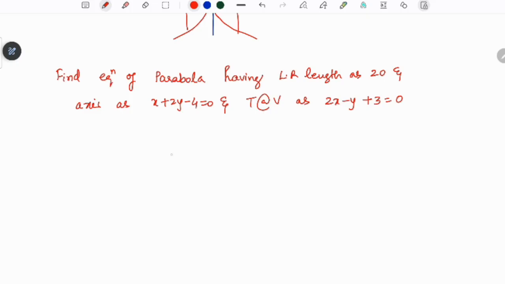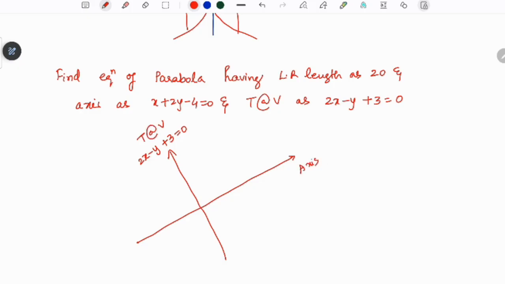So this is, let's say, the tangent at vertex, 2x minus y plus 3 is equal to 0. This is the axis, x plus 2y minus 4 is equal to 0.